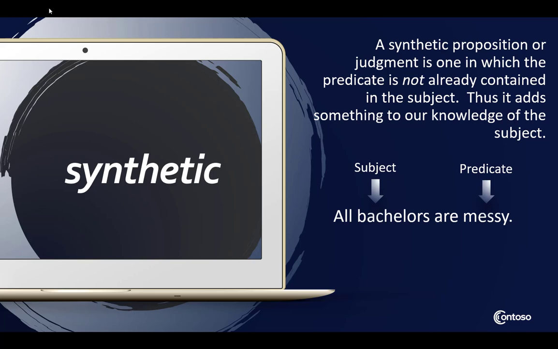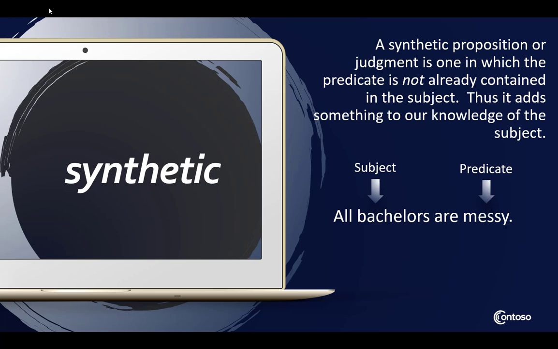That predicate, messy, is not contained in the subject bachelors. Maybe that's a stereotype or a general impression people have. But the idea of messiness, that's adding something to our knowledge of the subject, bachelors. So that's synthetic. It expands, it adds to our knowledge in some way of the subject.